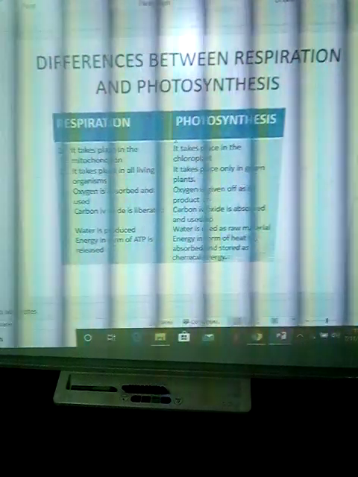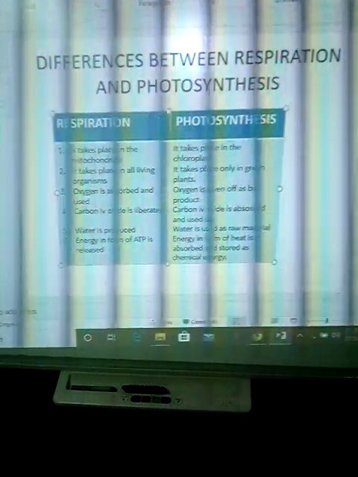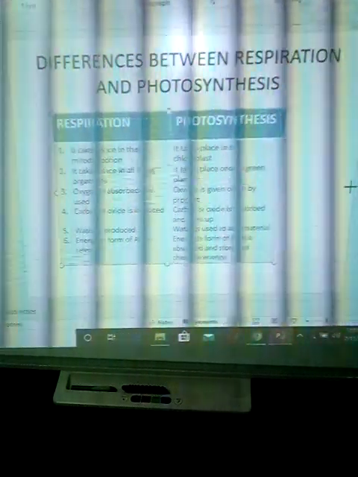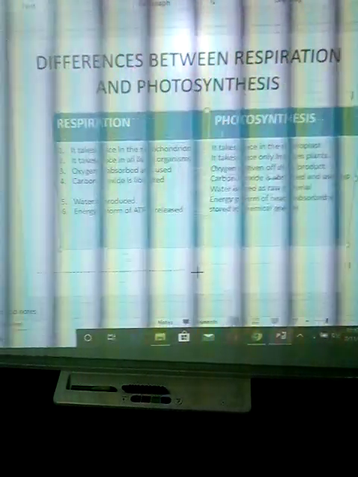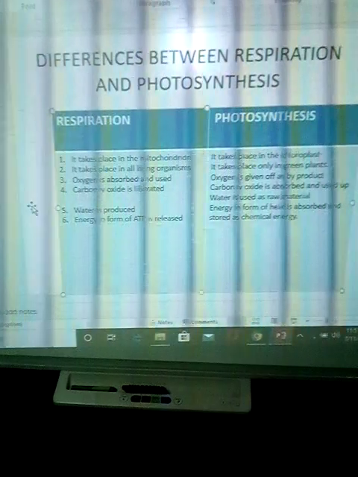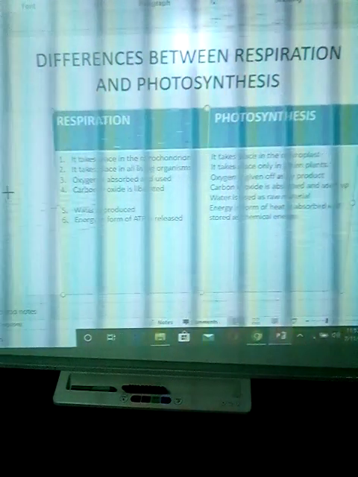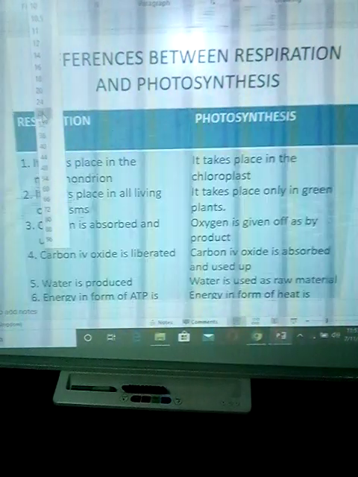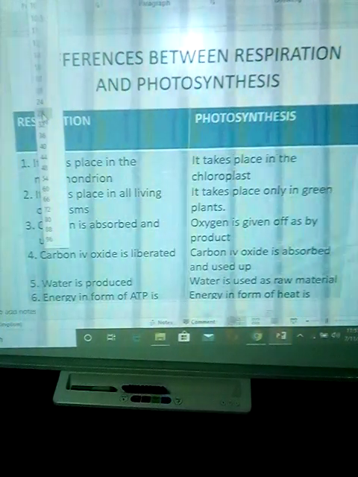Now, this is the table that is talking about differences between photosynthesis and respiration. For photosynthesis, there is something I would like you to know, which is why I want to enlarge it for us to see.